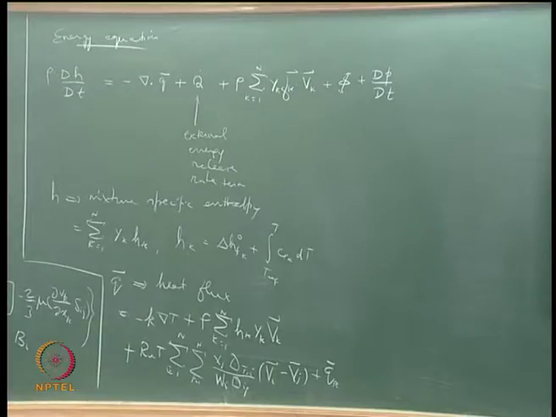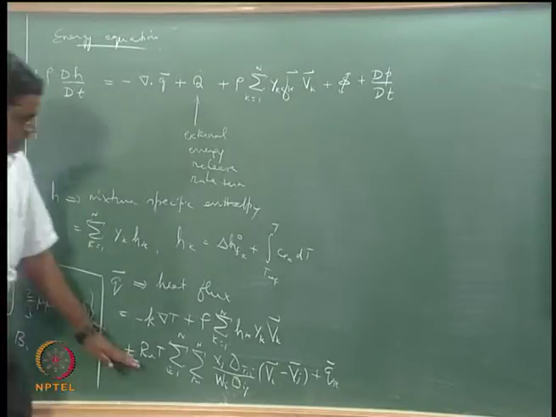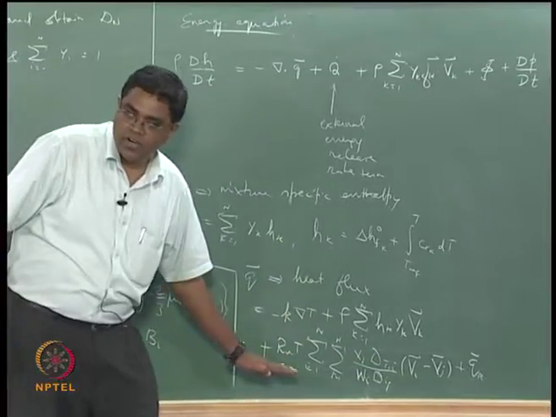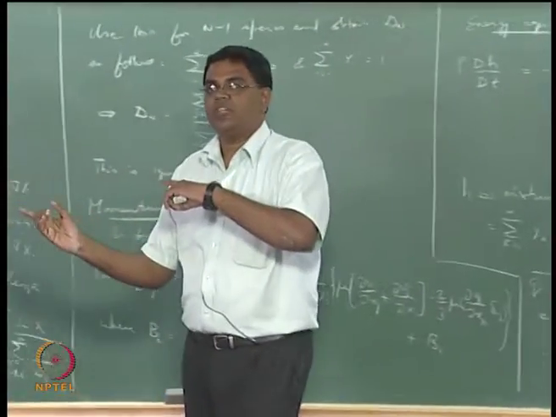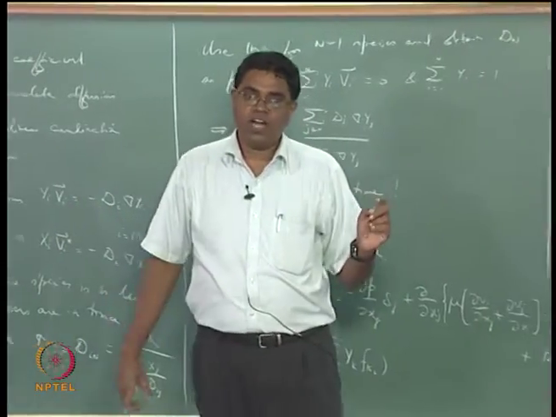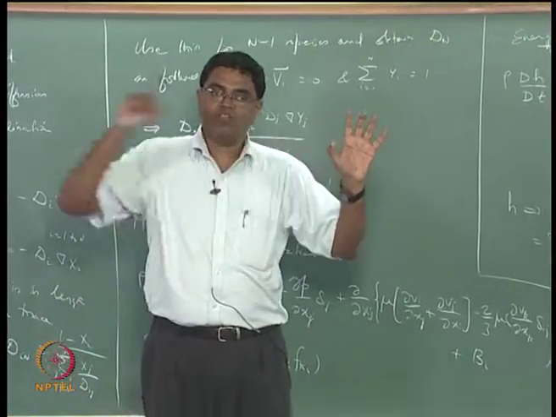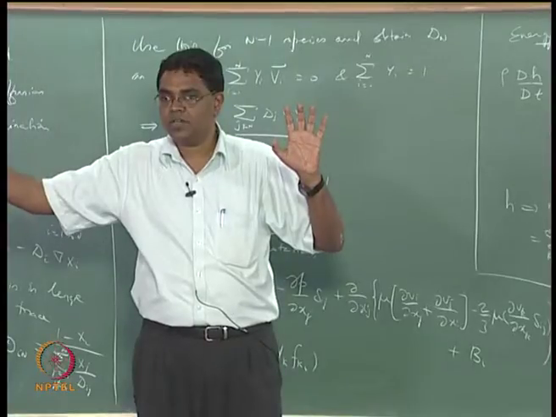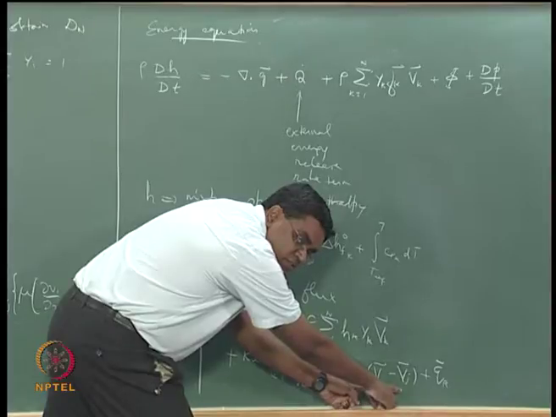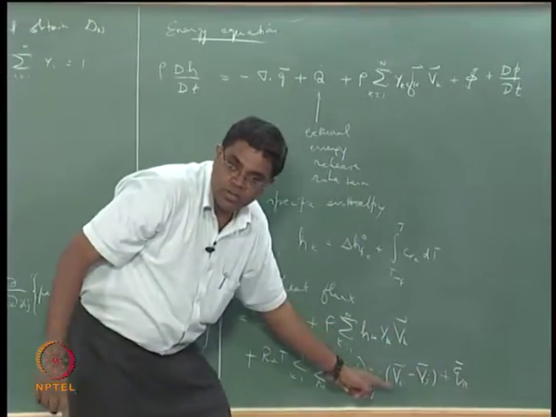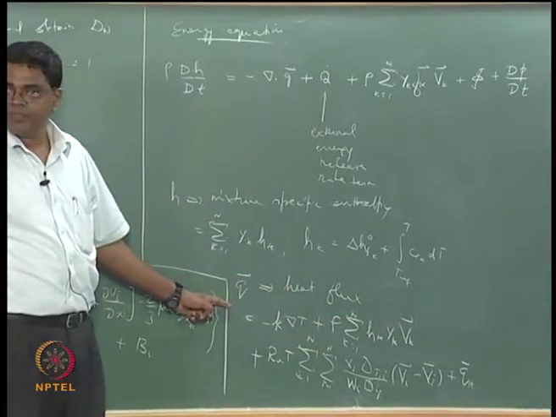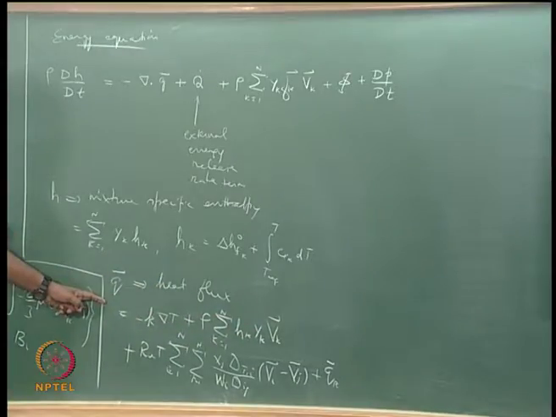And then this is pretty interesting. This is what you would call the Dufour effect, okay, which is the opposite of the Soret effect that we saw the other day, where if you had a temperature gradient, it gave rise to a contribution to a concentration gradient. Here, if you have diffusion velocities, which in turn are functions of concentration gradients, it gives rise to a heat flux, okay.